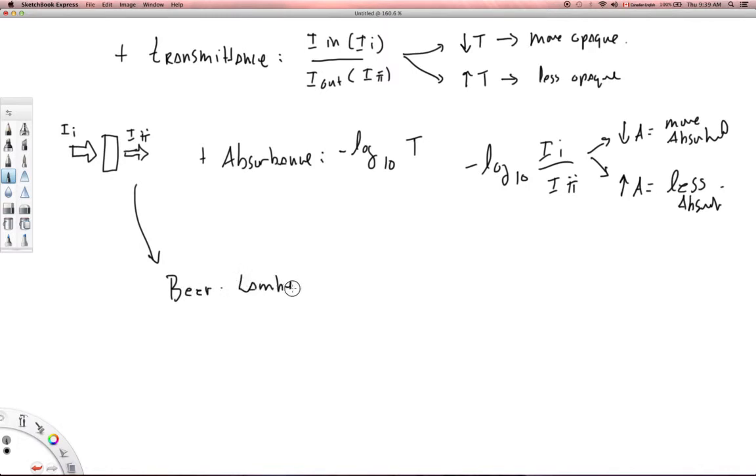The Beer-Lambert law says that the absorbance approximates the length of the pathway of the light, how long that pathway is, multiplied by the concentration of the stuff that is absorbing the light. In this case, it would be the analyte.